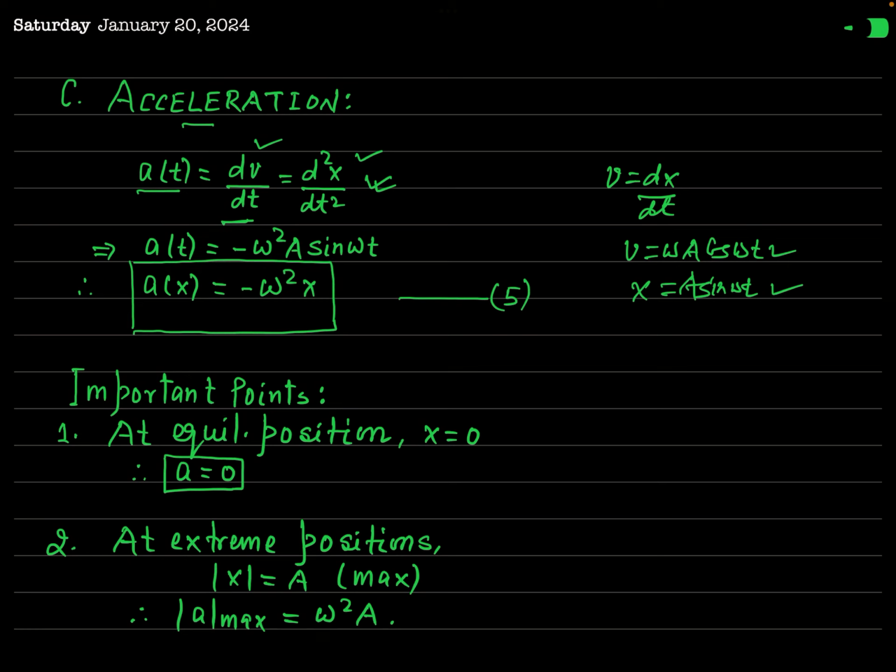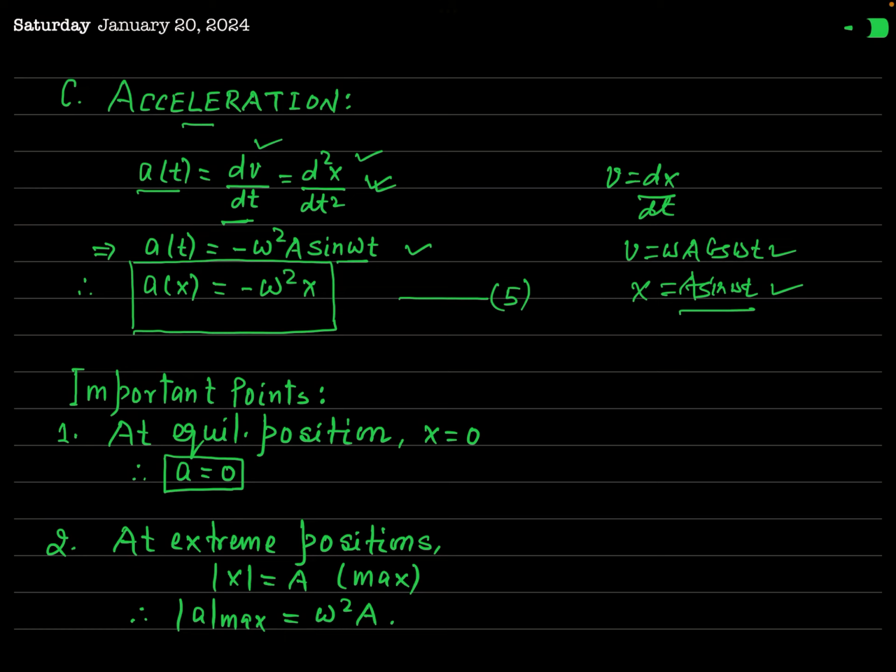This is a simple differentiation, and you will see that acceleration will be equal to minus omega square A sin omega t. This is acceleration as a function of time. But A sin omega t is x.